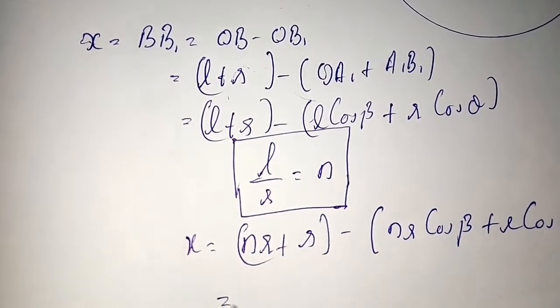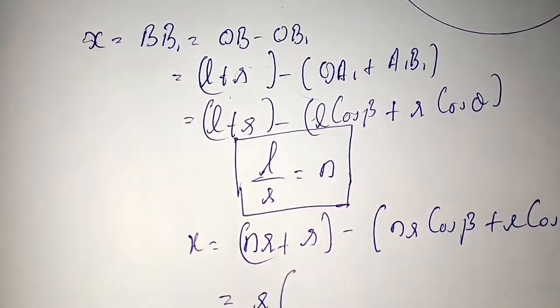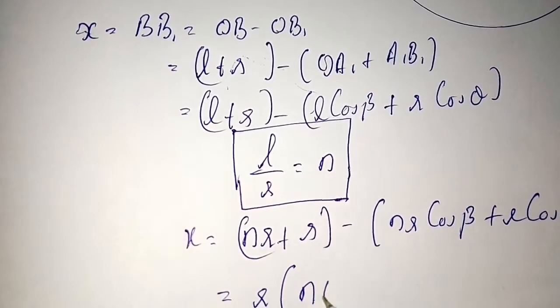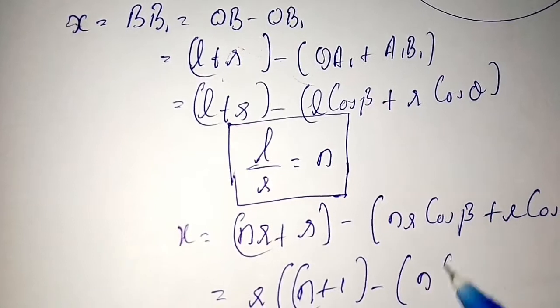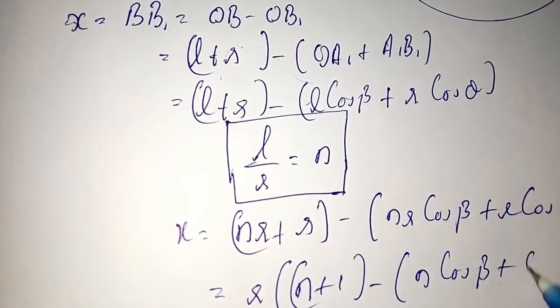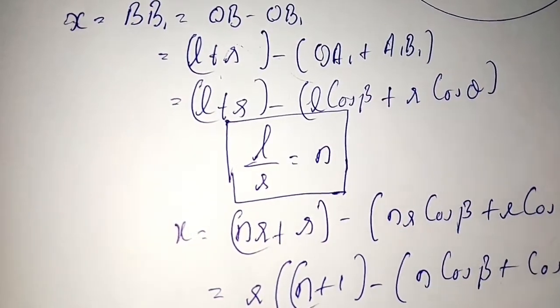So here R is common, so we can take it out. It will be N plus 1 minus N cos beta plus cos theta.